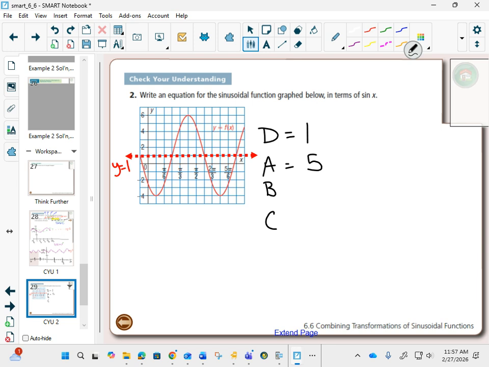Now we have to figure out what the period is. To calculate the period, you have to go from one point, so let's say I choose a minimum, to another minimum, and figure out what this distance is. I could count 1, 2, 3, 4, 5, 6, 7, 8. 8 squares.